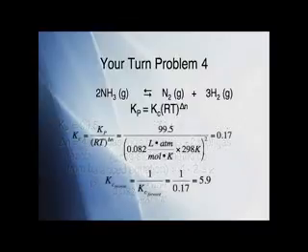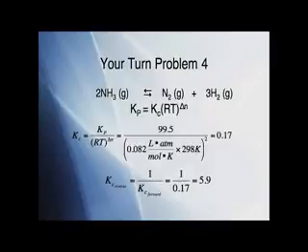Solving for Kc, we have that equal to Kp divided by the product of RT raised to delta N. So on top we have Kp, which is 99.5, divided by the quantity 0.082 liters times atmospheres over mole times Kelvin times 298 Kelvin, squared. And the value for Kc that we get is 0.17.